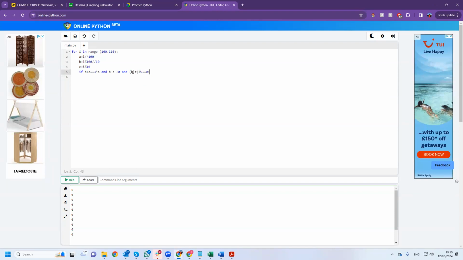That means it is a multiple of 9. Then print I. Let's see.